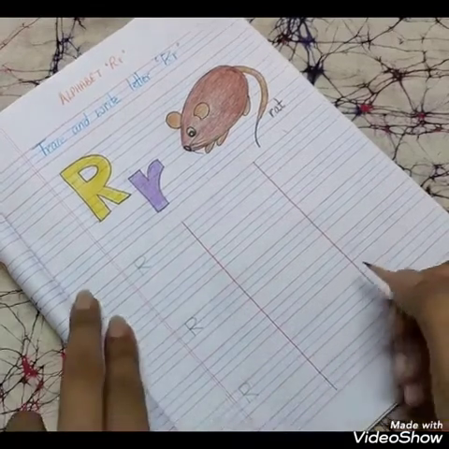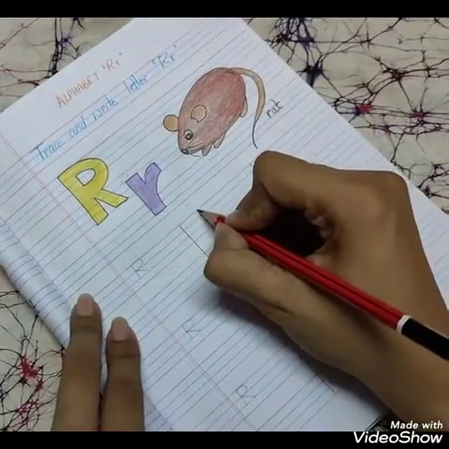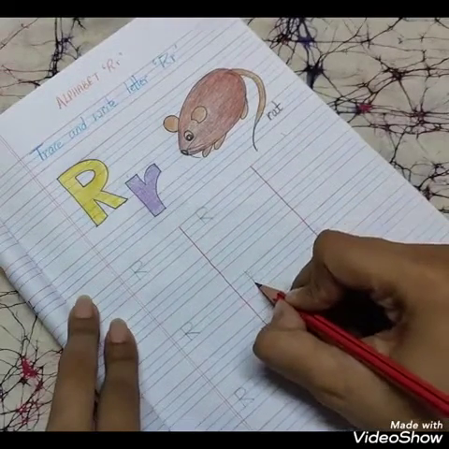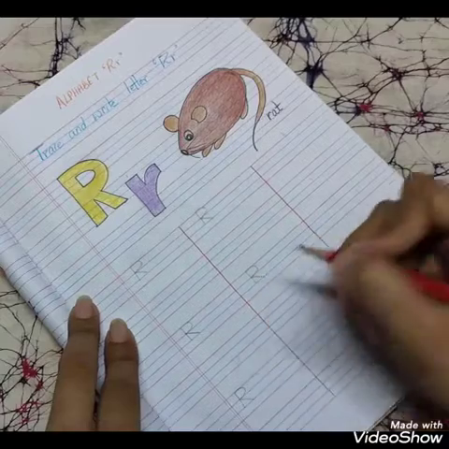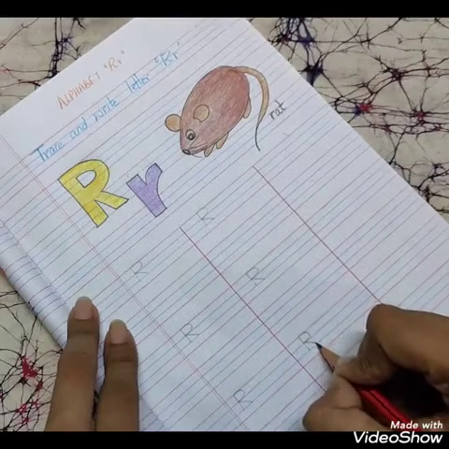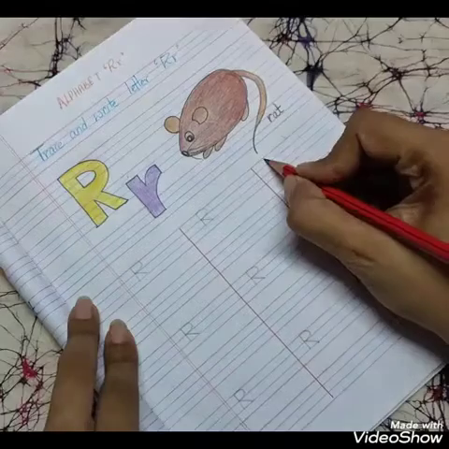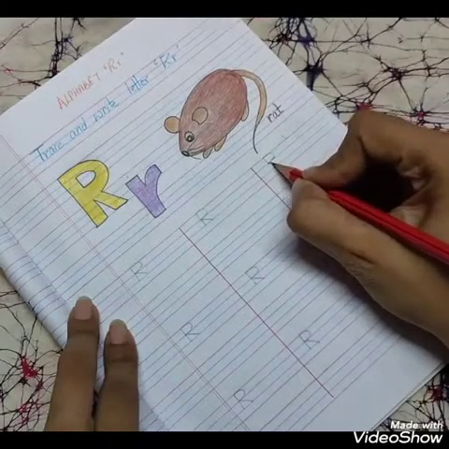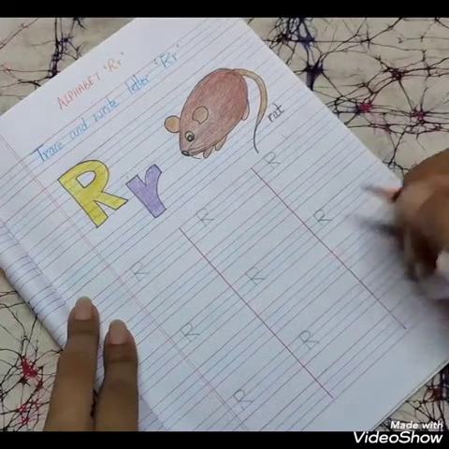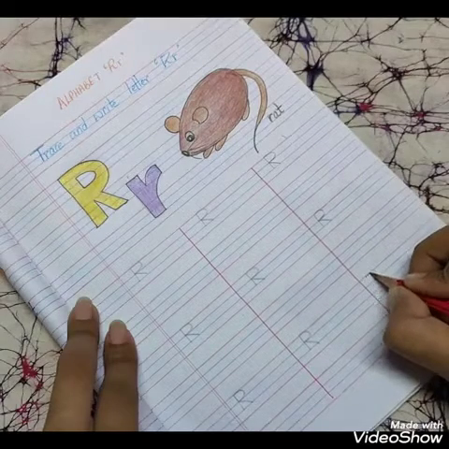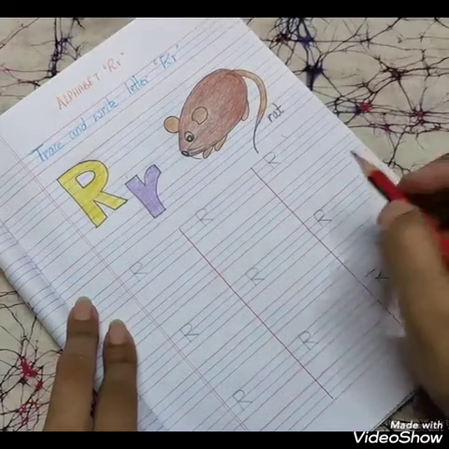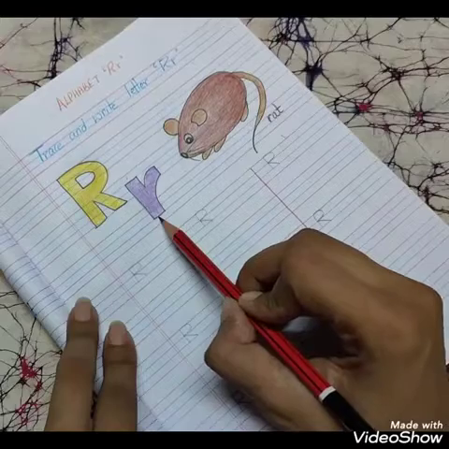This is capital R. Standing line, curve and slanting line. Now we will learn how to write small r.